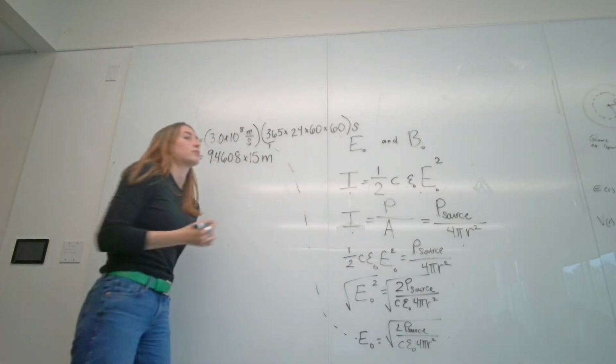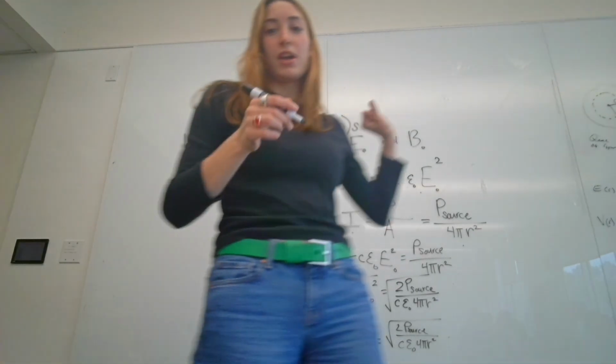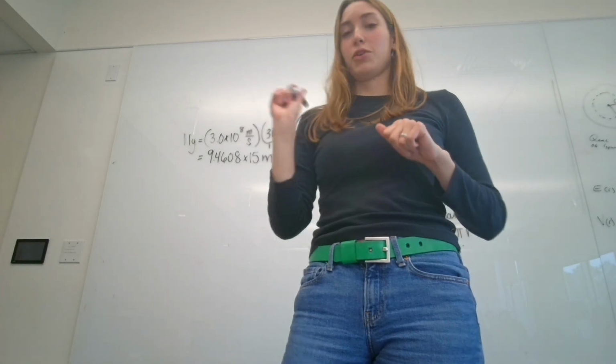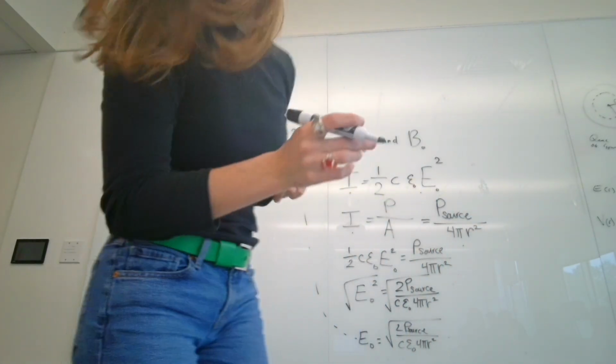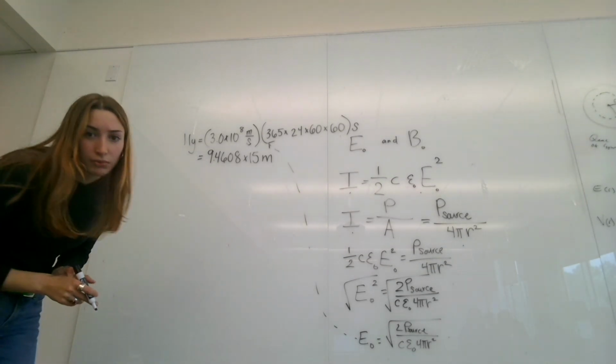Again, I would do that out, because who knows with these answer keys? Did anyone do that out and actually get that value? Yeah. Okay, beautiful. So now everything that we have is in SI units, so I can just plug and chug, I believe.